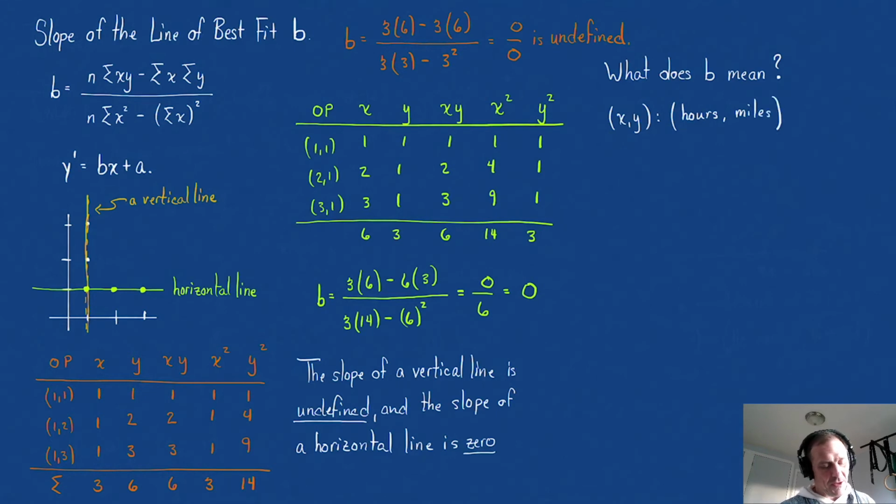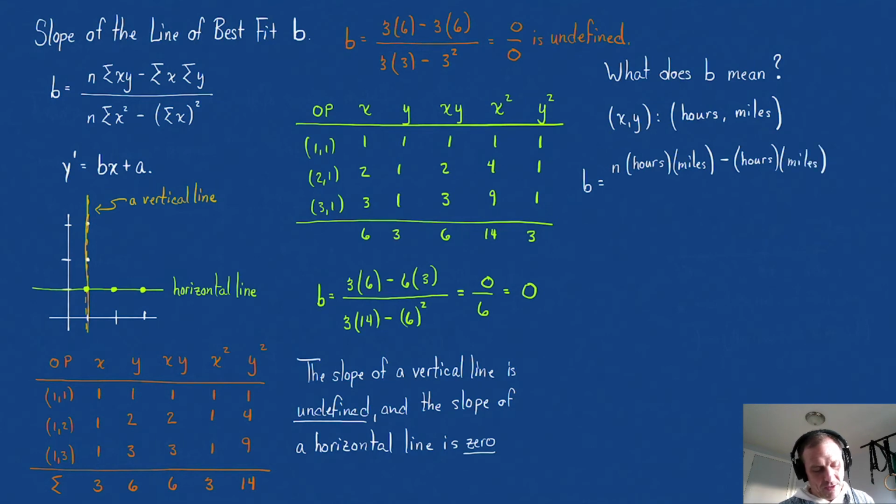Okay, so let's think about what B is. B is equal to some number n. Now if I multiply hours times miles, I'm going to get hours times miles. Minus, now the sum of the x's, those are also hours. If I just add up all the hours, I have more hours. And if I add up all of the miles, I get more miles.